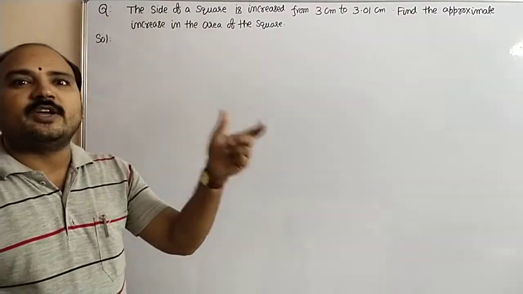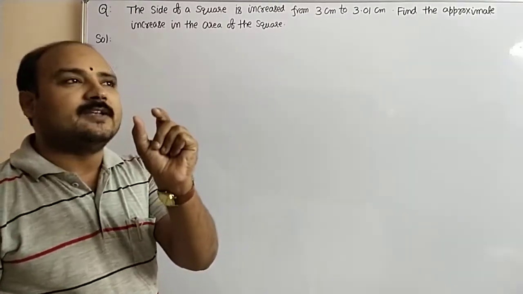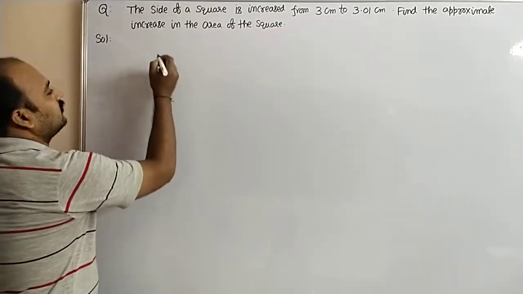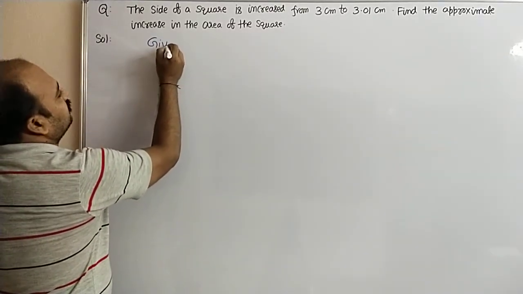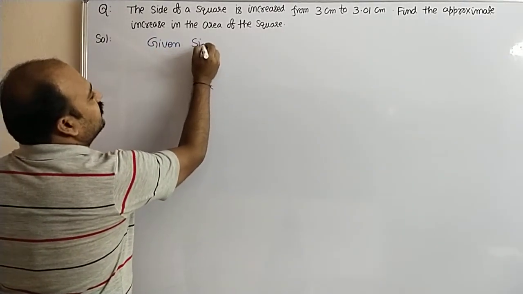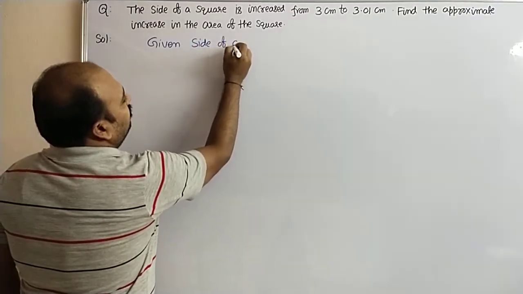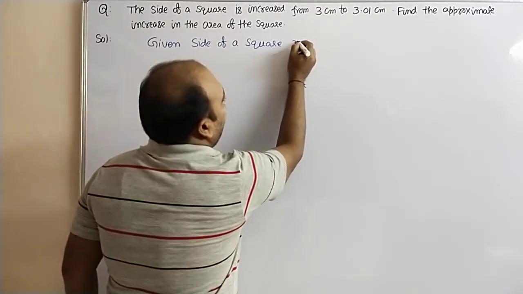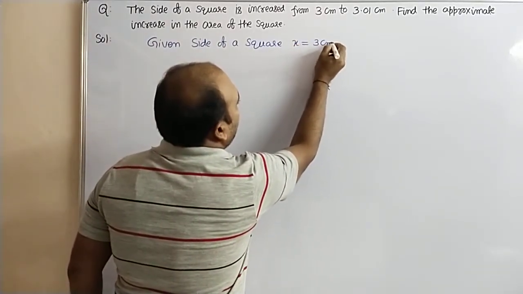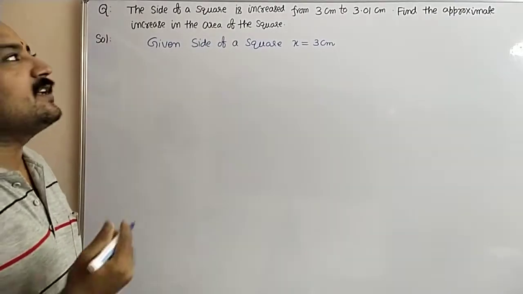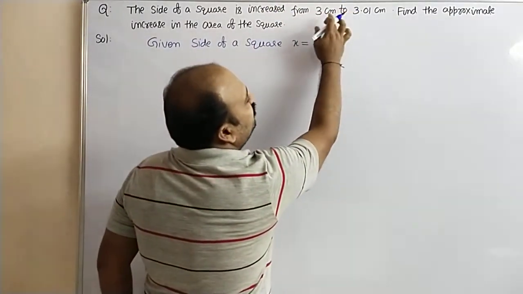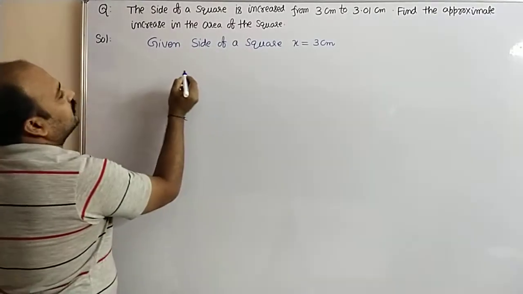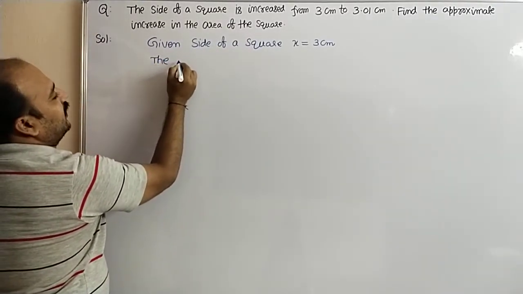How much it was increased we will take, that is called increase in the side of the square. So here given side of a square, I am assuming that x is equal to 3 centimeters. It was increased from 3 centimeters to 3.01.